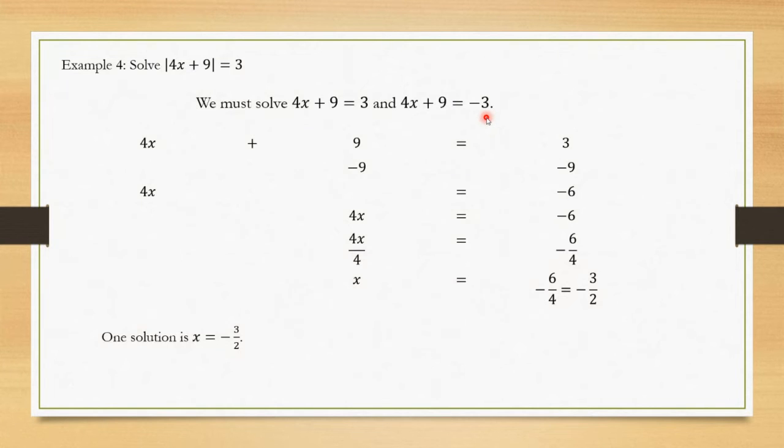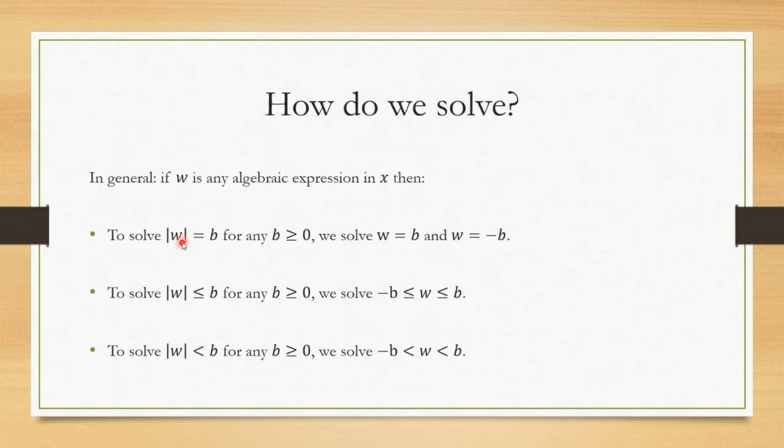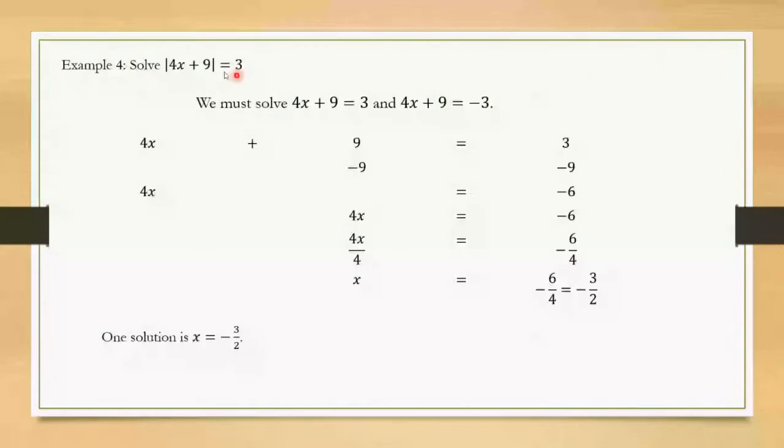That's what this is saying. If you want the absolute value of something equal to b, what you have to do instead is solve this equation when it's b, and also solve the equation when it's negative b. So we solve this equation when it's equal to 3, and we also solve when it's equal to negative 3. I mean, we solve them separately.